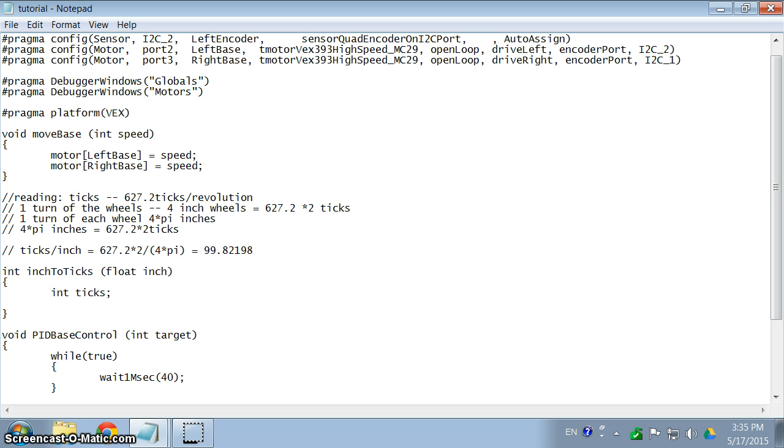The algorithm is that ticks equals ticks over inches multiplied by inches, and the inches cancel out, so we get ticks. So essentially, we are multiplying this inch variable by our conversion constant and factor, which is right here.